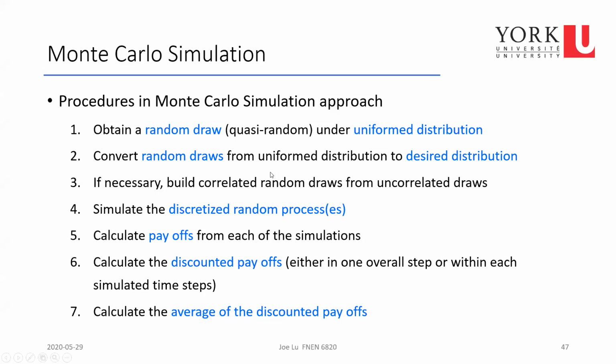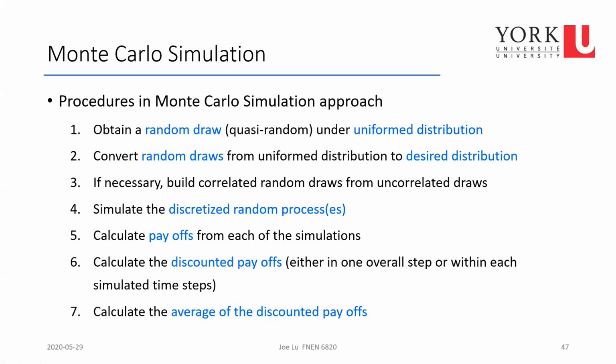Once you have got your random shock for independent ones, because we have done independent draws, initially the draws are uncorrelated. Then we go through a correlation process to make them correlated.